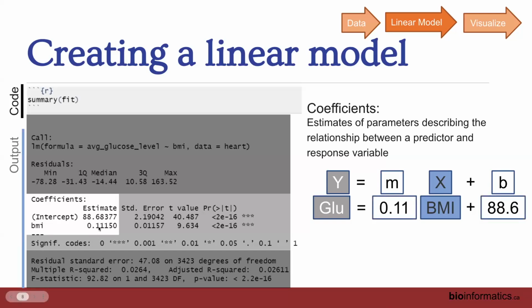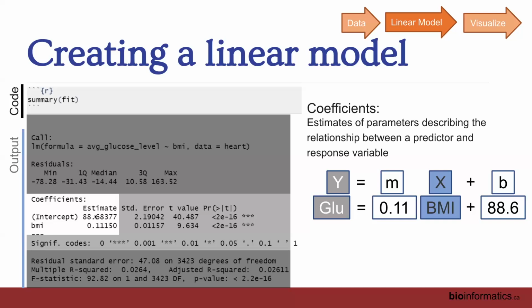So this is a scale factor for BMI. The linear model is estimating the slope to be 0.11. And the y-intercept, listed as intercept over here, is estimated to be 88.6. So this is how we can build our y equals mx plus b.